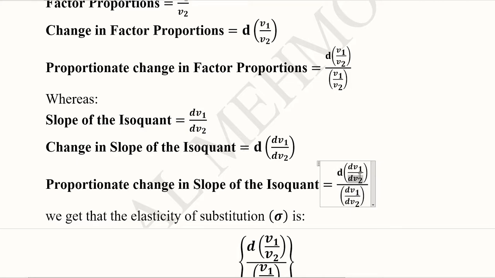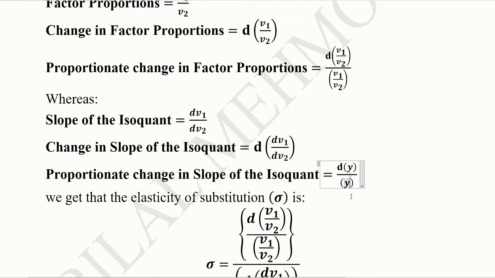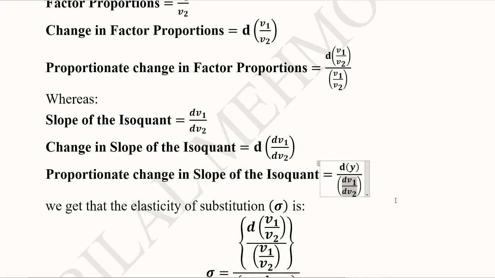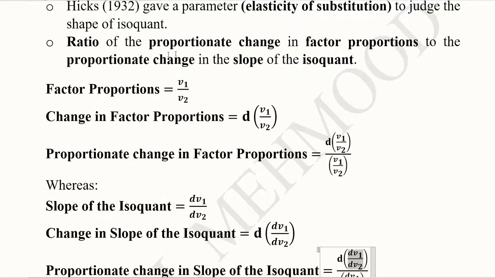Again, you can consider it one variable just to make things more understandable for yourself. Again, you see it's simply the formula of proportionate change. However, since we are talking about slope of isoquant, it's better to write dV1 over dV2 in both of these places, which is actually the slope of isoquant. Now we have found the denominator of this formula as well.